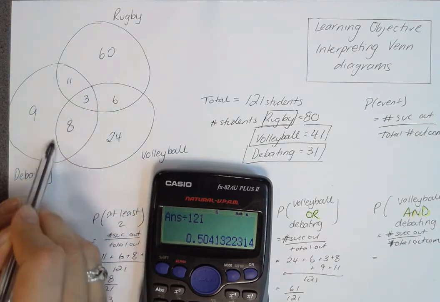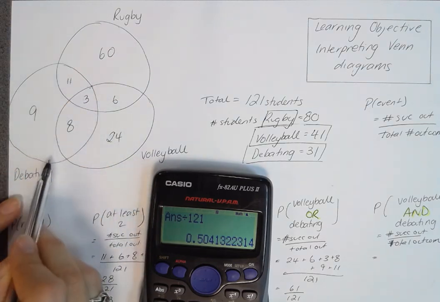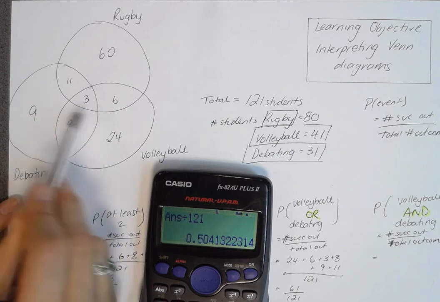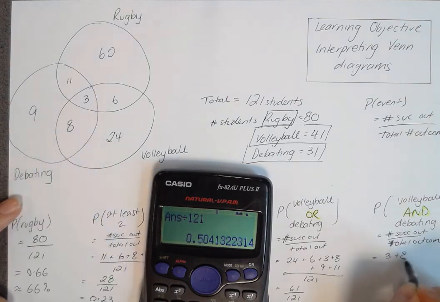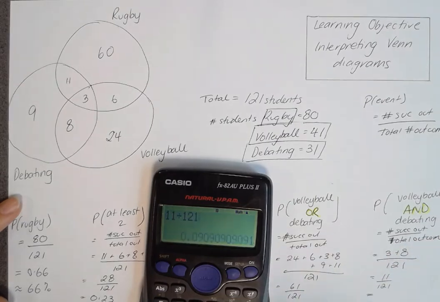At this section here, volleyball and debating, they fit into both circles. So we've got a 3 and an 8 divided by our total. So that's 11 divided by 121. And we've got 0.09, which is approximately 9%.